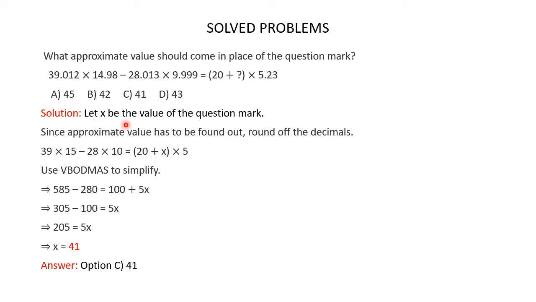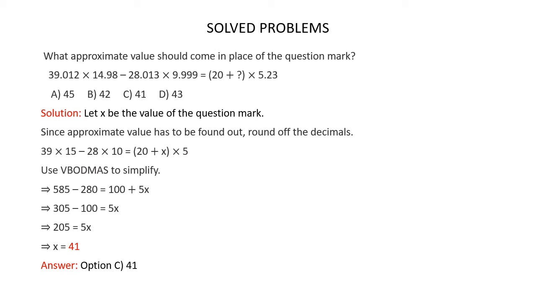So let x be the value of the question mark. Since approximate value has to be found out, first round off the decimals. So 39.012 is rounded off to 39. 14.98 is rounded off to 15. 28.013 is rounded off to 28. 9.999 is rounded off to 10. 5.23 is rounded off to 5.